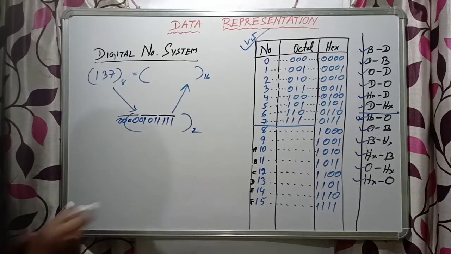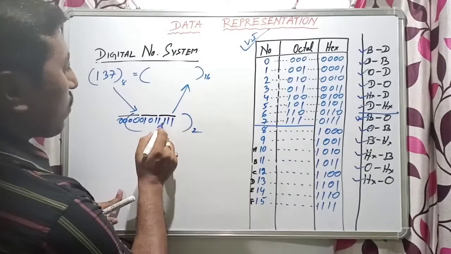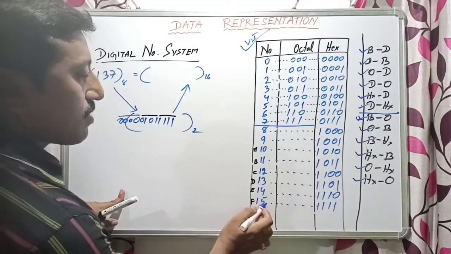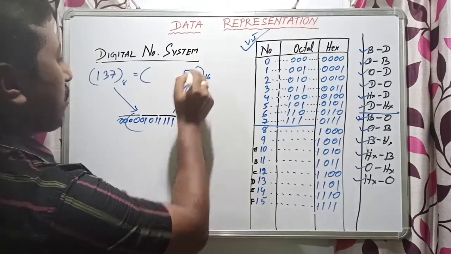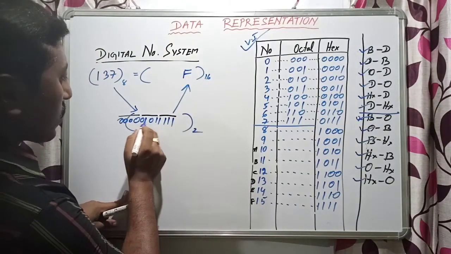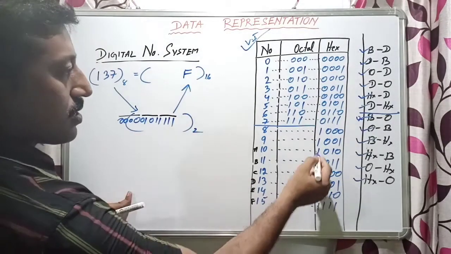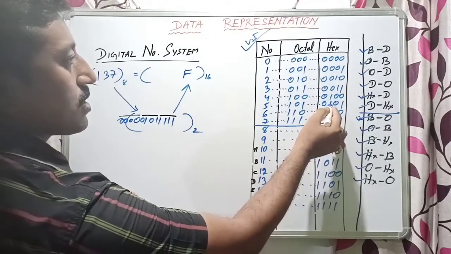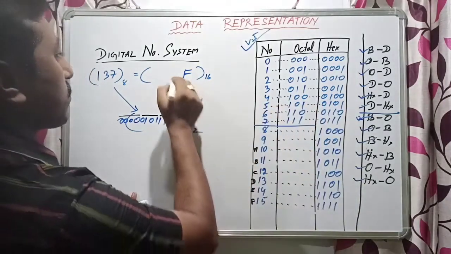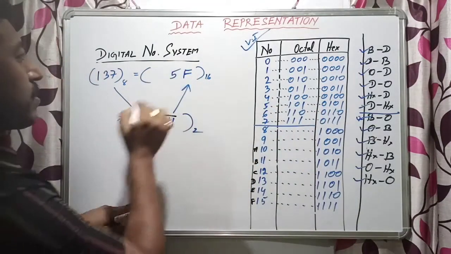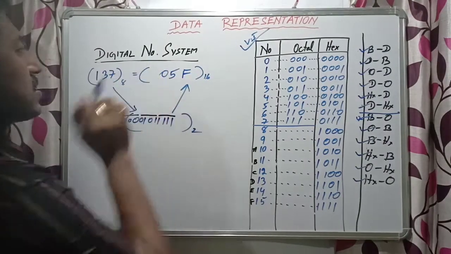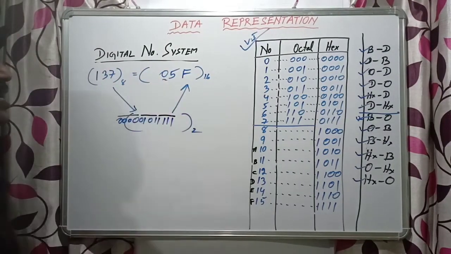It is 1 1 1 1, which means 15, which means F. So we'll write here F. Next is 0 1 0 1. It is coming 5, so you write here 5. Then 000 means 0, so it is not compulsory to write it; you can ignore it. So the answer is 5F.